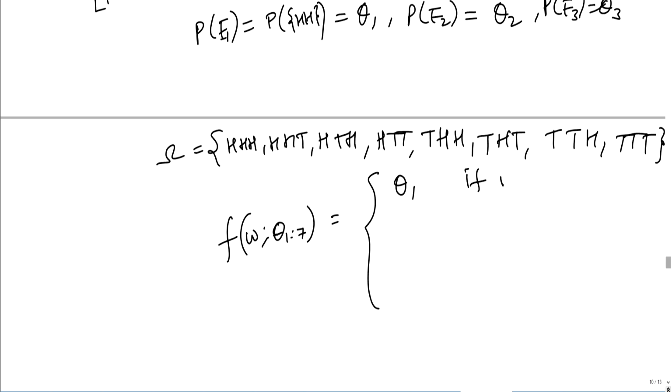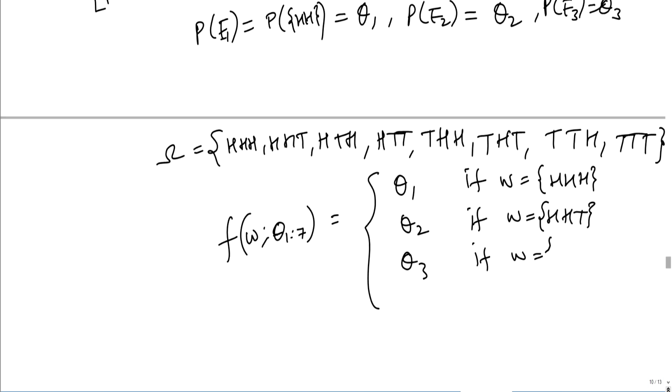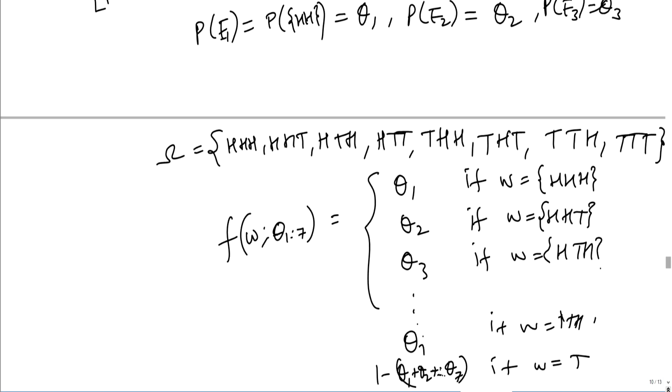So theta 1 if omega is HHH, theta 2 if omega is HHT, theta 3 if omega is HTH, and keep going on like this until you reach theta 7 if omega is TTH, and finally 1 minus (theta 1 plus theta 2 up to theta 7) if omega is TTT.